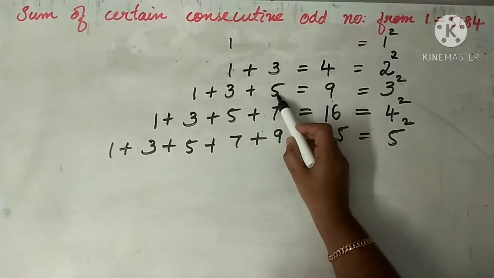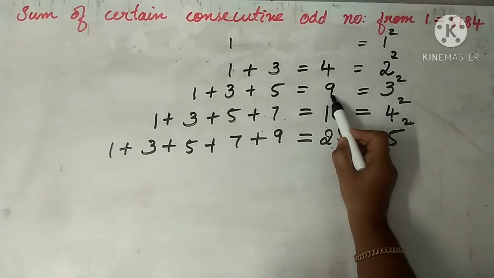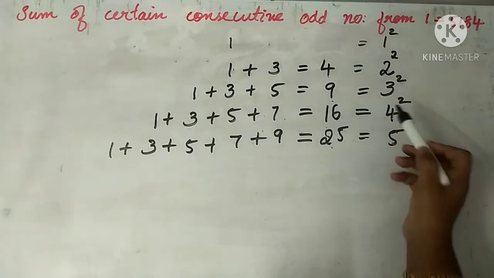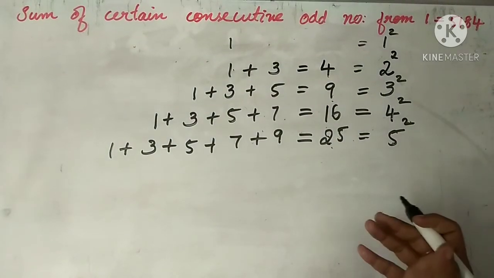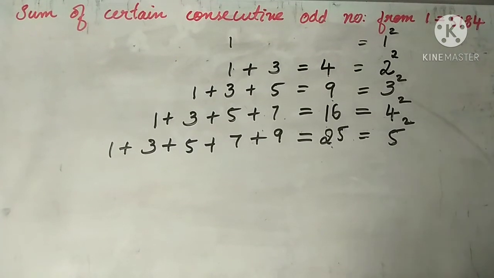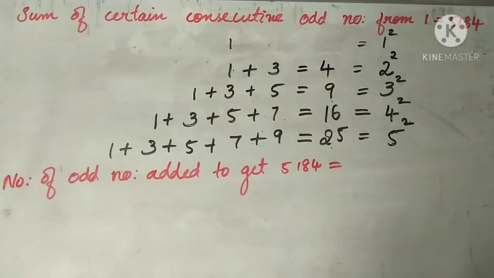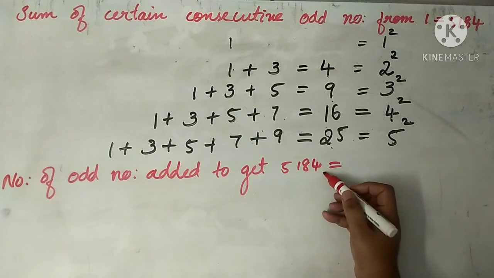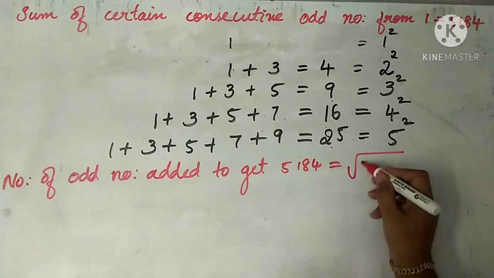When we add the first 3 odd numbers, we get the perfect square of 3. So, to find how many odd numbers we add to get 5184, we need to just find the square root of this. The number of odd numbers added to get 5184 is the square root of 5184.